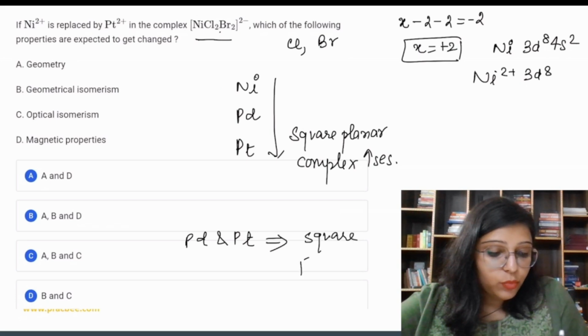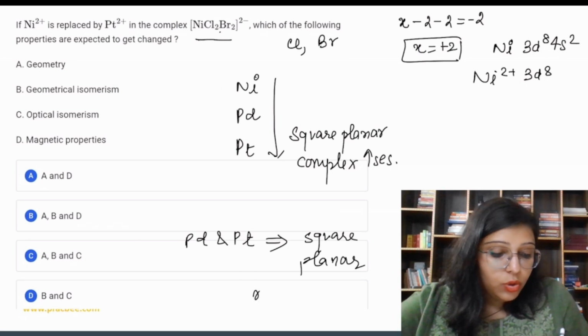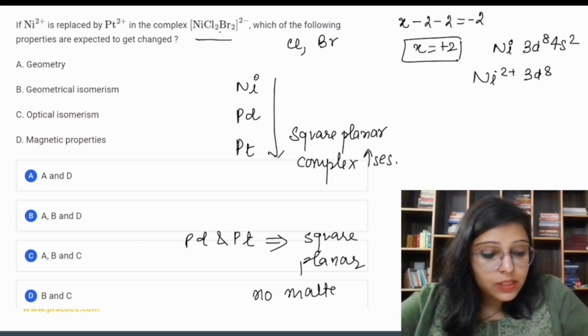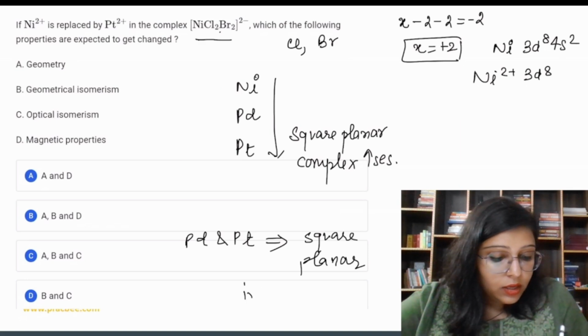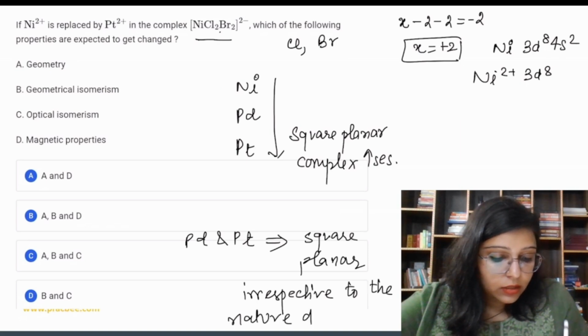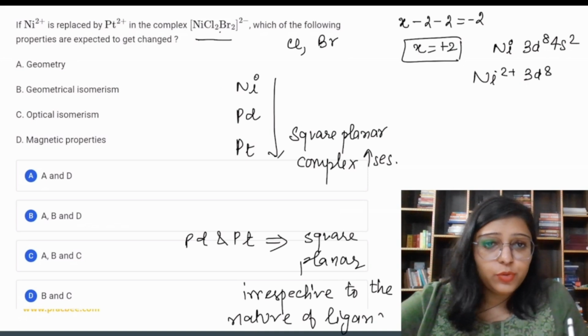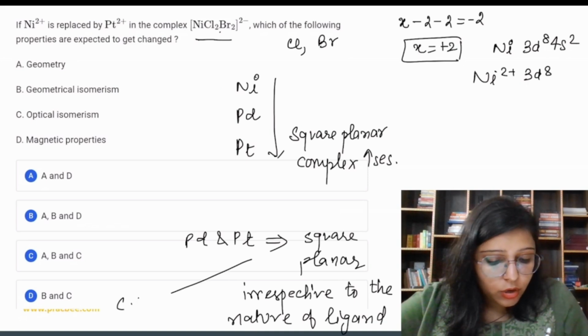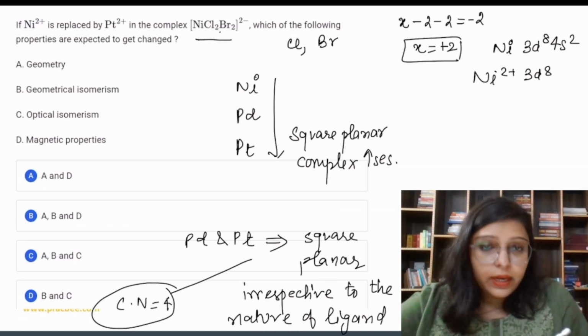They are going to form square planar complexes irrespective of the nature of ligand. No matter what, they form square planar complexes if the coordination number is 4, right?